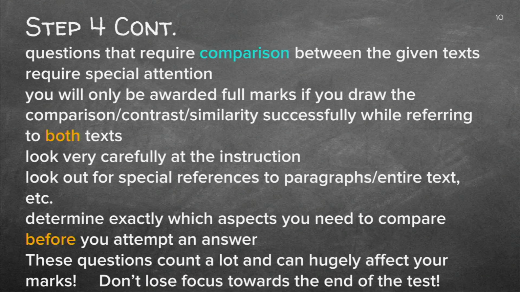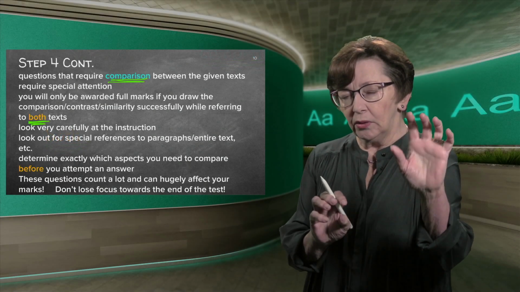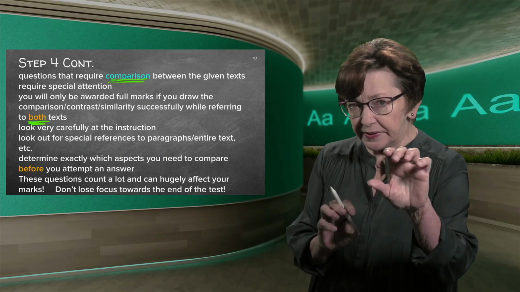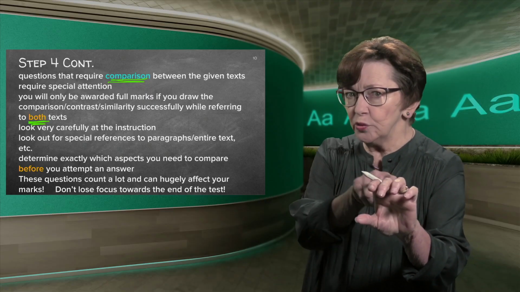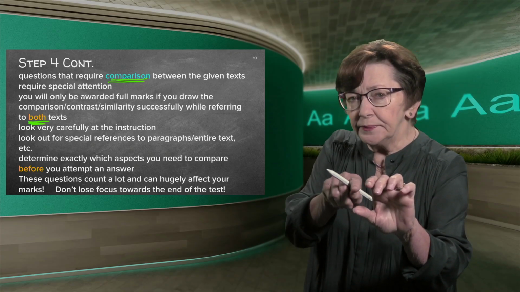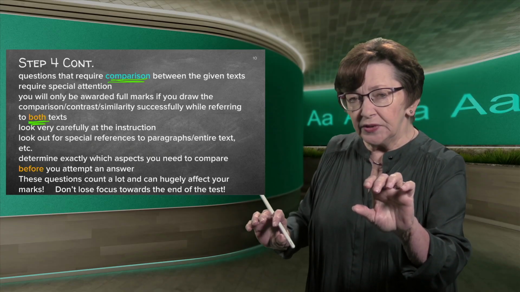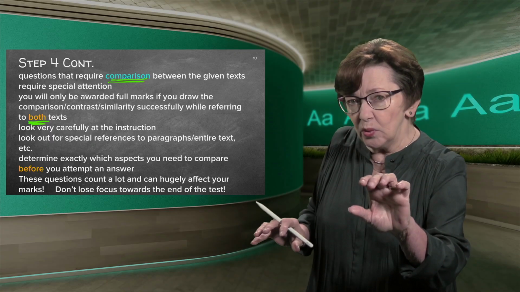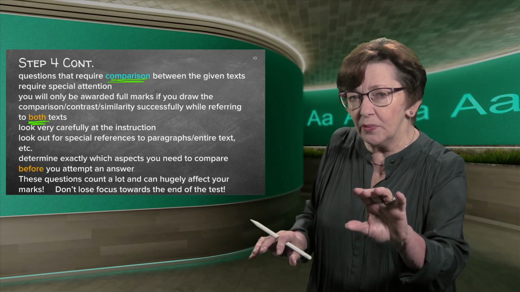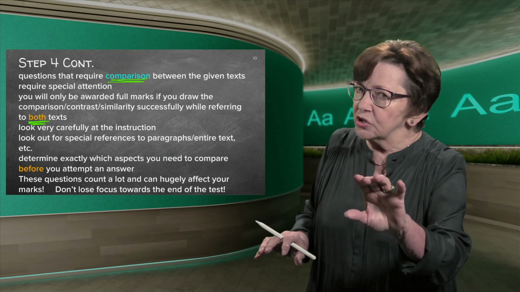Remember again, this has been mentioned before, if there's a comparison, you will not get the full 4 marks if you don't refer to both texts. So you're going to have to say how this aspect covered in whatever was referred to, paragraph 9, responds to this other text and what is different or similar about it, or whatever you're asked to do.